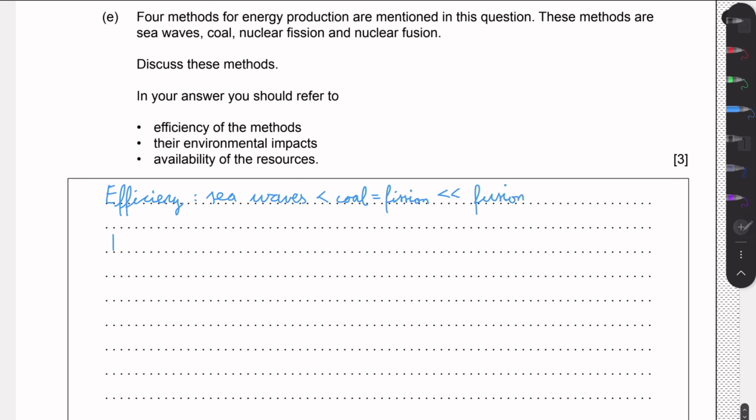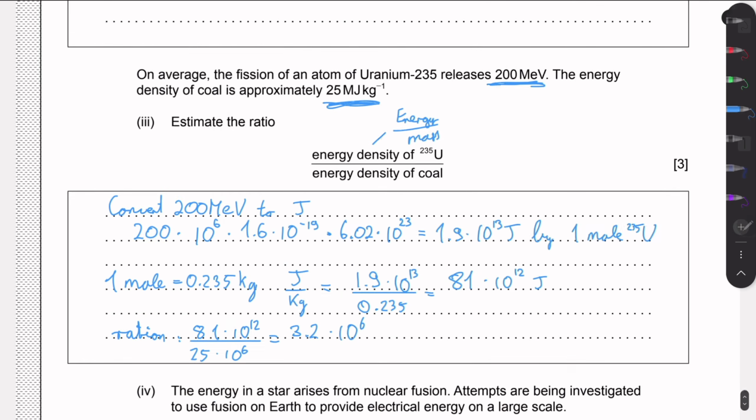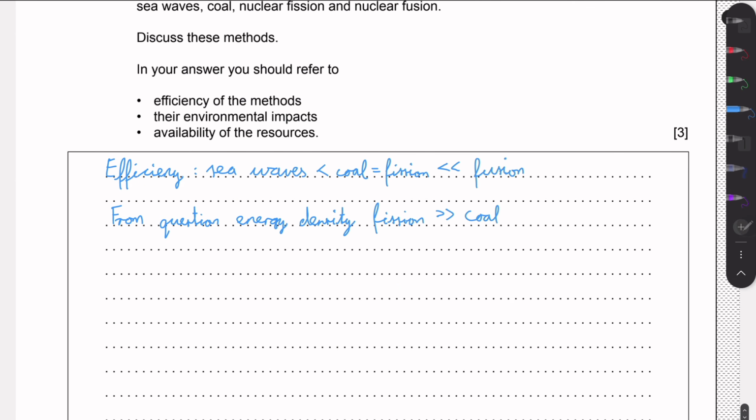And you can also see from our question that the energy density of fission is much larger than of coal. So that's what we calculated up here. So we could also mention this in our answer.